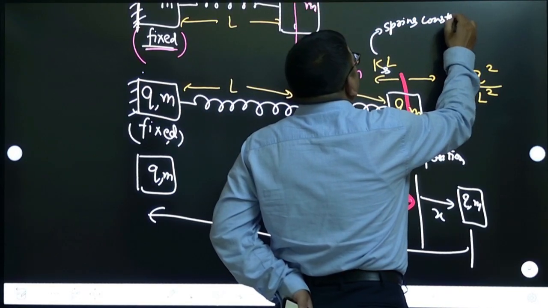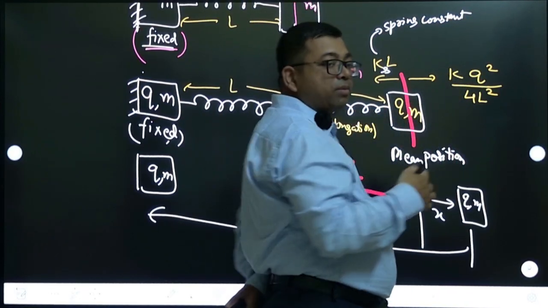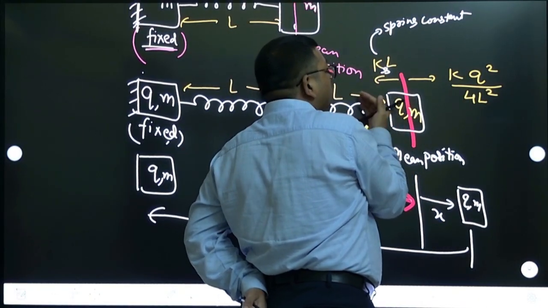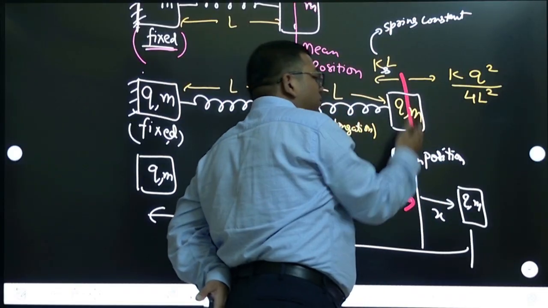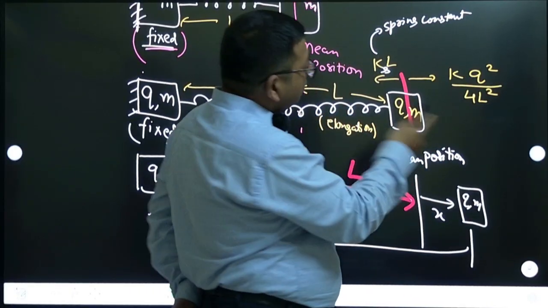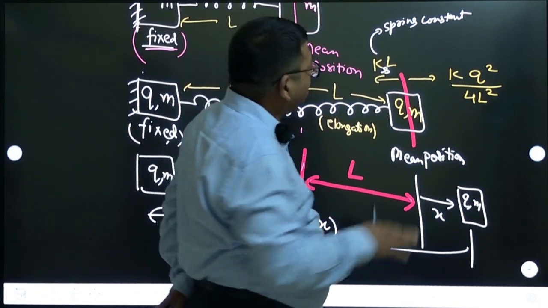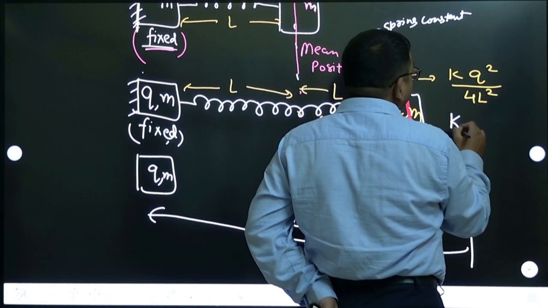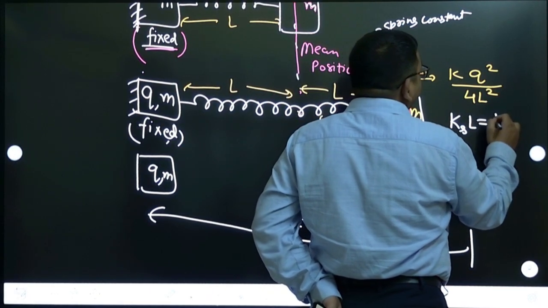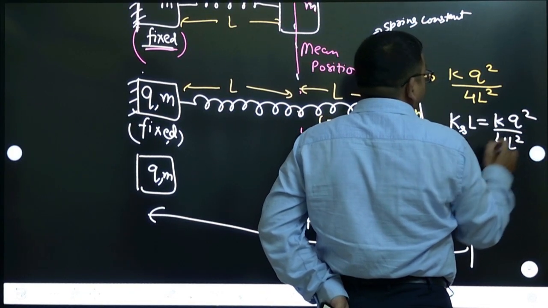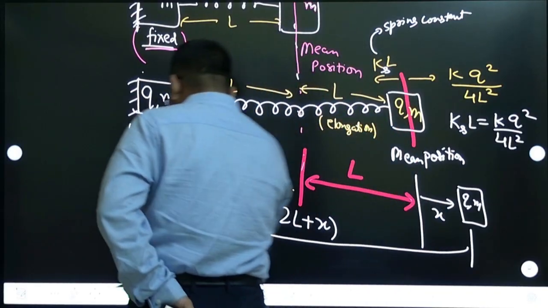So this K and that K should not be confused. This K is 1 by 4 pi epsilon naught. So the spring force and this force are balanced because this is the new equilibrium position. K Q1 Q2 by R square, R distance is 2L, so 2L whole square. So this is balanced, so let us write this equation: Ks into L equals Kq square by 4L square. Okay, so you have got this equation.